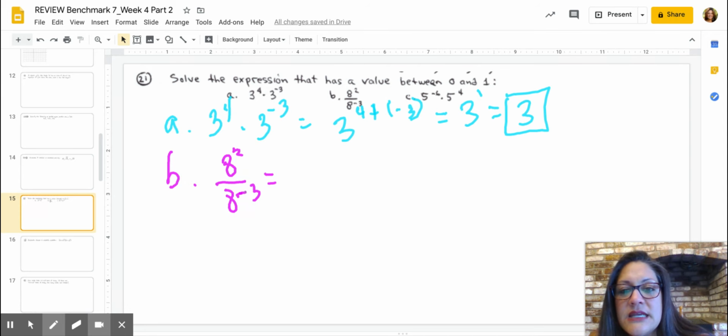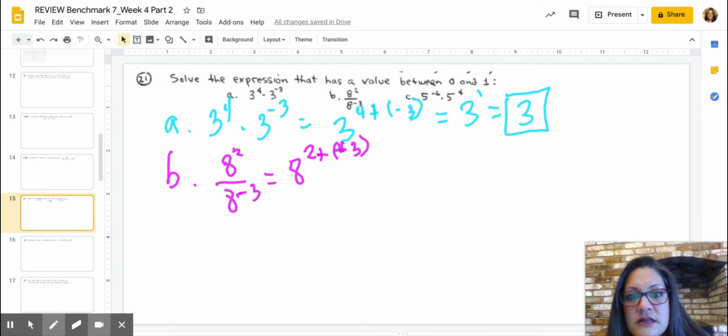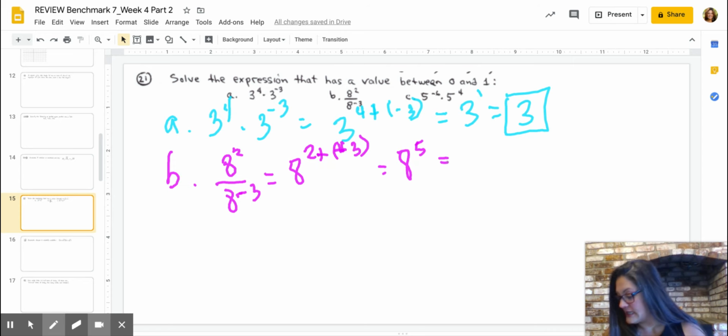So this is 8 to the 2 minus negative 3. So we're going to end up adding 2 negatives, becomes a positive. So that equals 8 to the 5th, which is going to be a lot more than between 0 and 1. So no on that one.